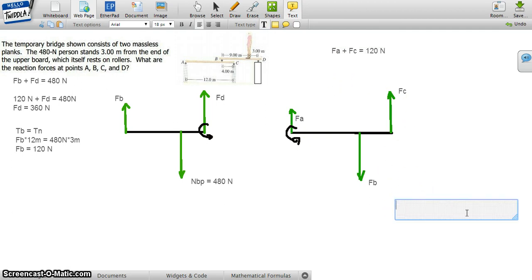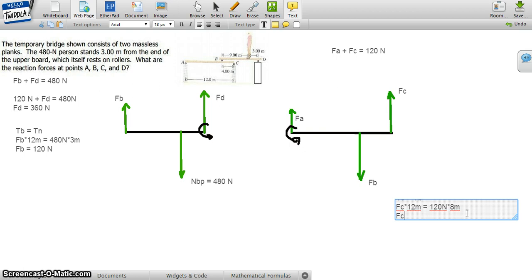So I know that torque from C is going to be equal to the torque from B. Torque of C is going to be the force of C times the distance away, and that distance away is 12 meters, equals the force of B, which we found already is 120 newtons, times the distance away, which would be 8 meters.